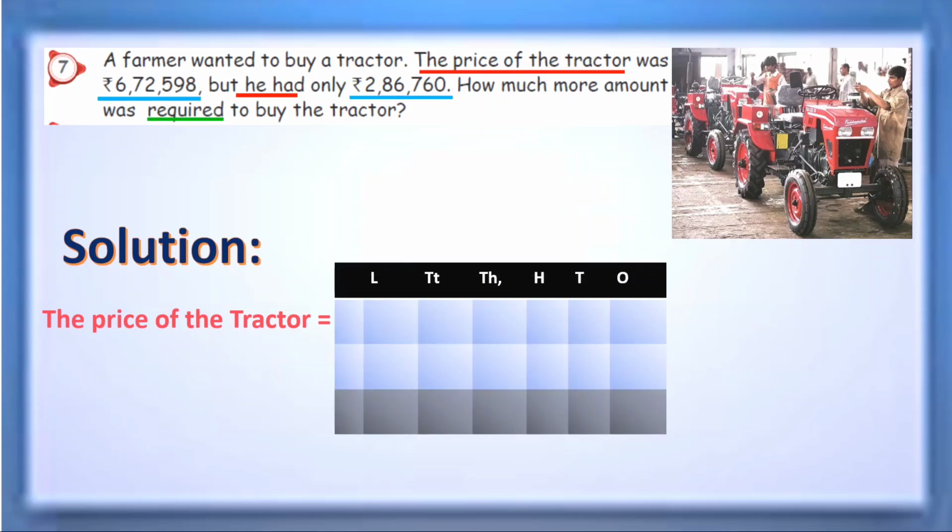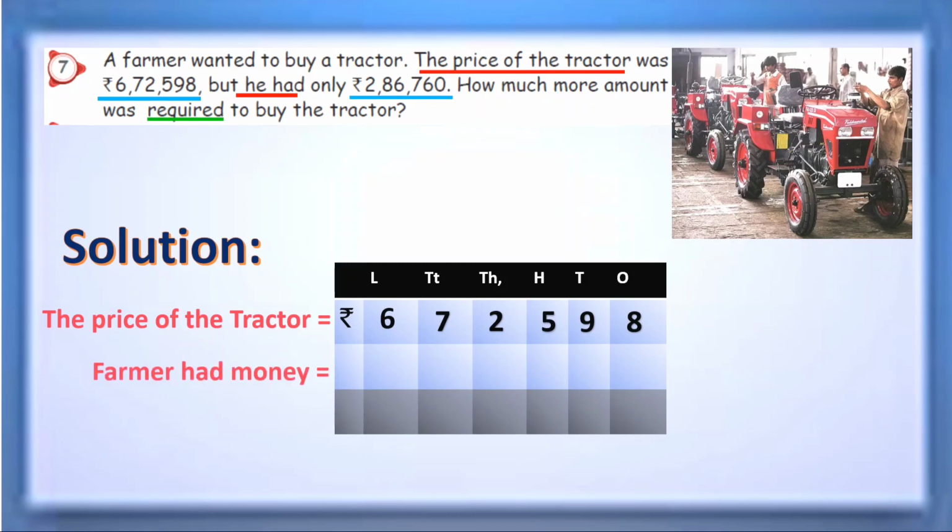So before starting, we need to draw the tabular column, right? So I have already told that the price of the tractor was in lakhs, isn't it? So sure we need the 5 columns like this. So 1, 10, 100, 1000, 10,000 and lakh. Up to lakh I have mentioned. Draw the tabular column like this and enter the amount now.